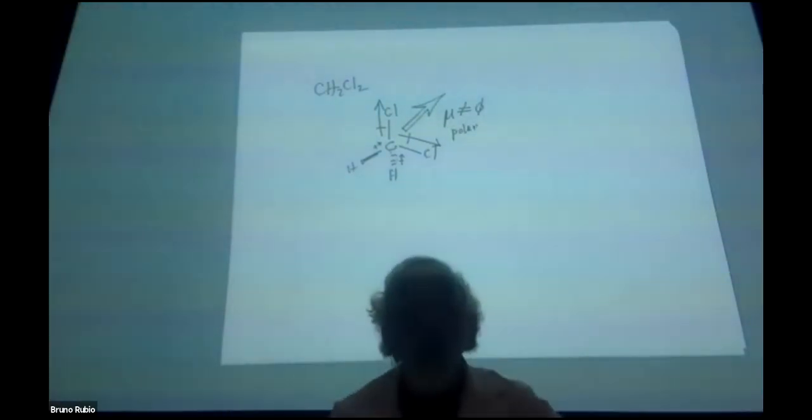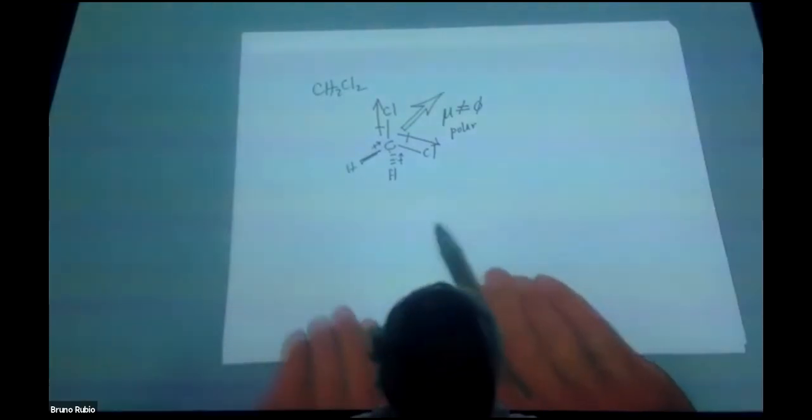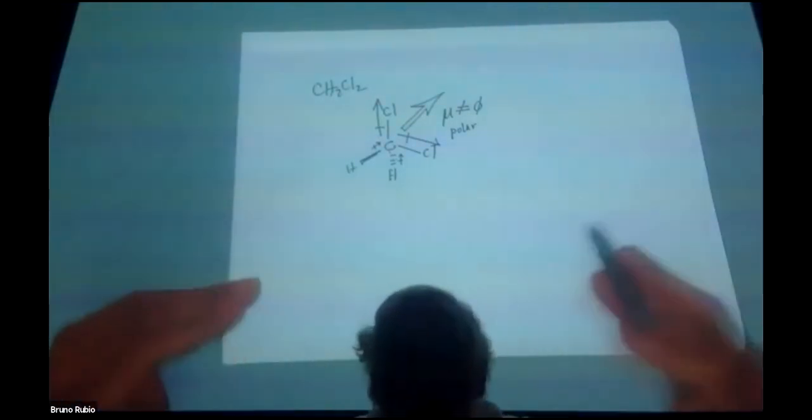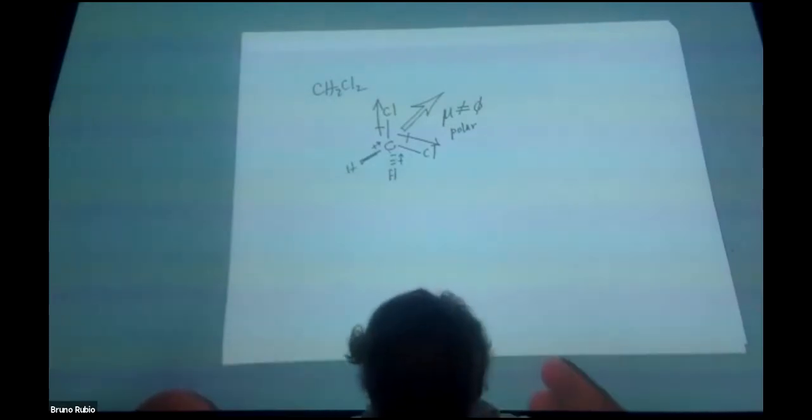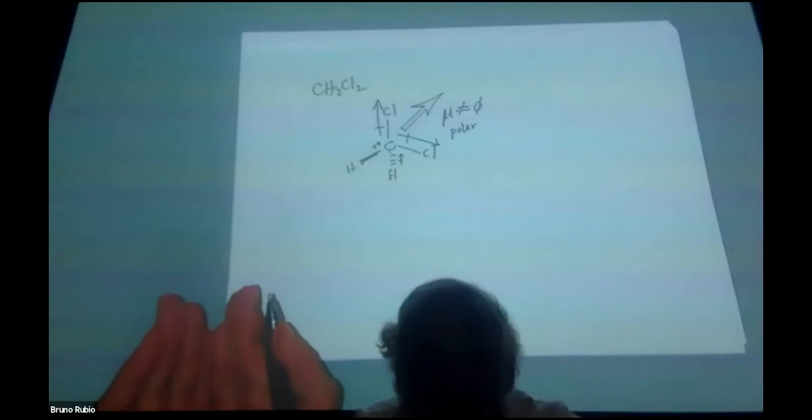And the bigger the dipole moment is, the more polar the substance will be. So chromatography is all based on polarity. How does the polarity of the stuff you're trying to separate and purify compare to the polarity of the support?